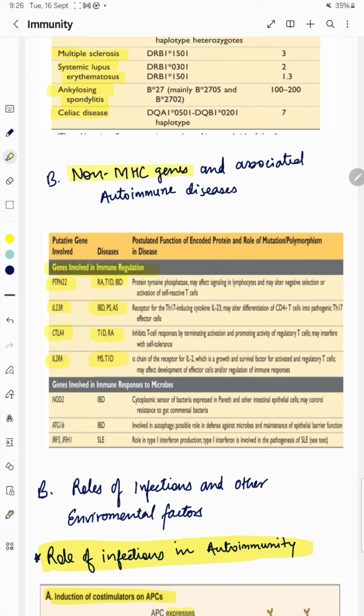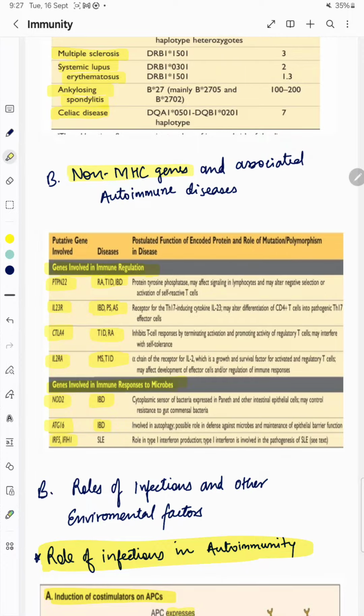Now among non-MHC or non-HLA genes, there is a class of genes involved in immune response to microbes, like mutation of the NOD2 gene, which will result in the development of IBD, and in IBD a mutation of ATG16 is also noted.